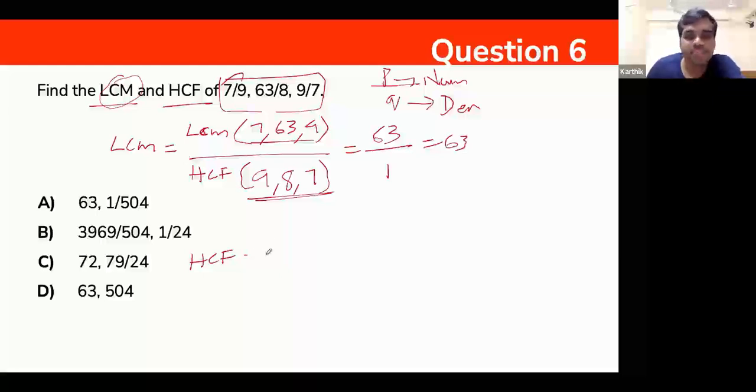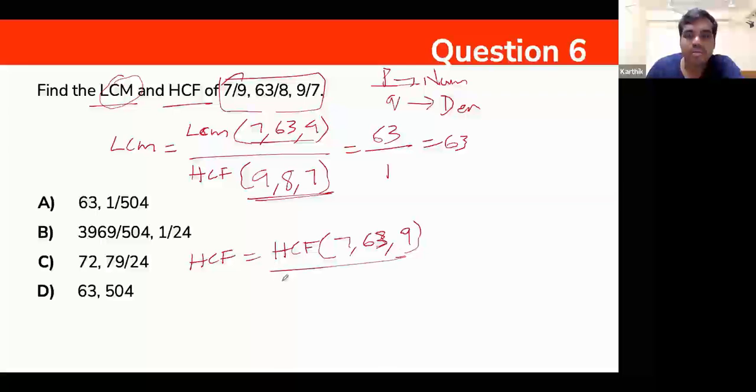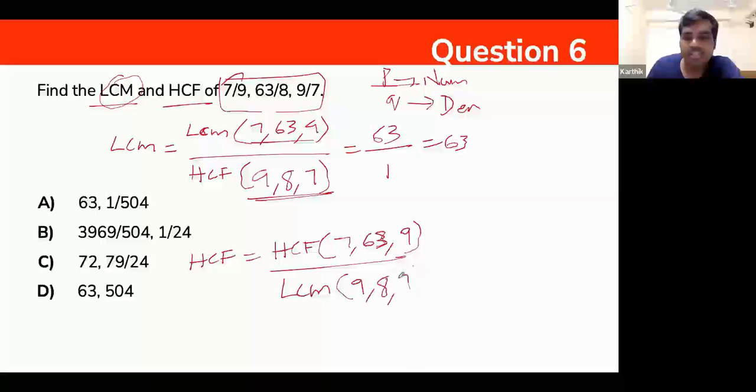So our LCM is nothing but 63. The HCF of a fraction is the HCF of the numerators, which are 7, 63 and 9, divided by the LCM of the denominators 9, 8 and 7. Now when I take the HCF for 7, 63 and 9, which is the one number that will divide 7, 63 and 9 together?